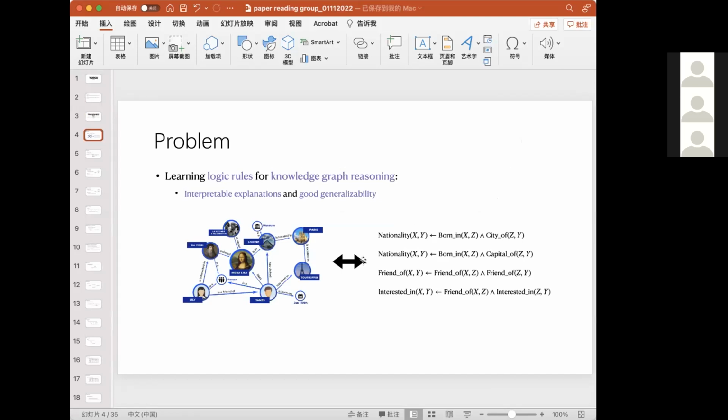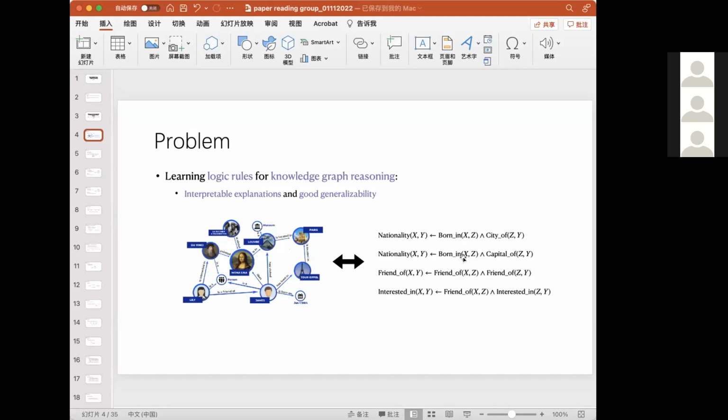As shown in the slides, given a knowledge graph, we can learn logical rules that describe the underlying pattern of the data in order to explain this knowledge graph. Then, by plugging these logical rules back into the knowledge graph, we can infer unobserved triples in order to predict the missing knowledge.